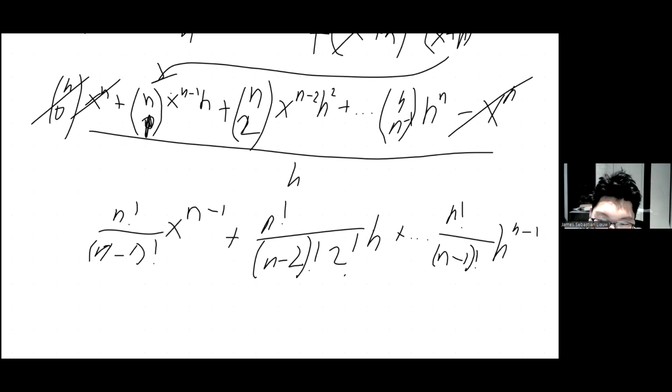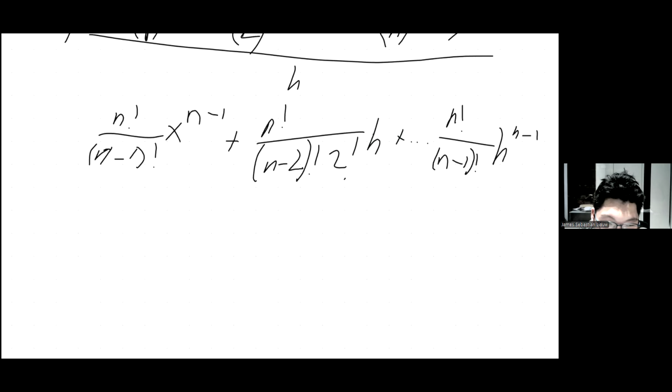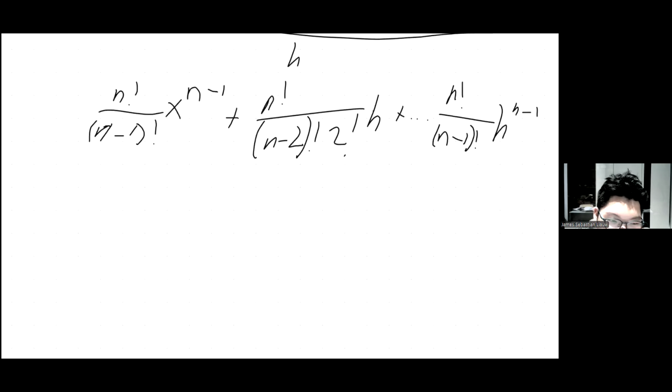Do we have to evaluate any of these? No, because we're trying to find the limit as h goes to 0. And what that means is that at h equals 0, this is 0, this is 0, all of this is 0.